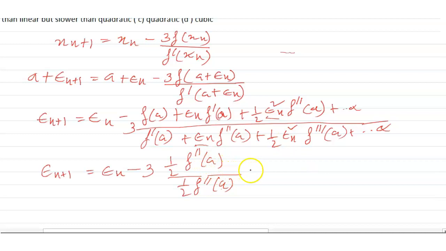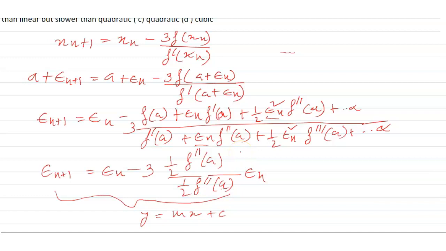And now you can consider this as y equals mx plus c.